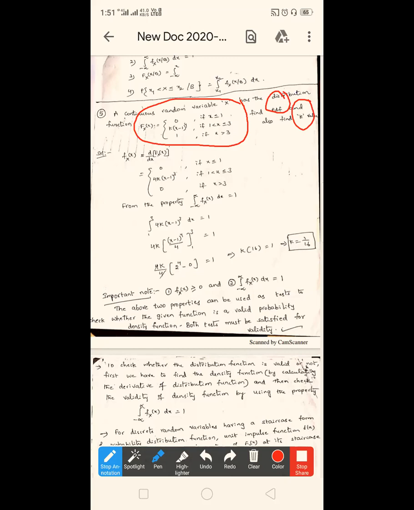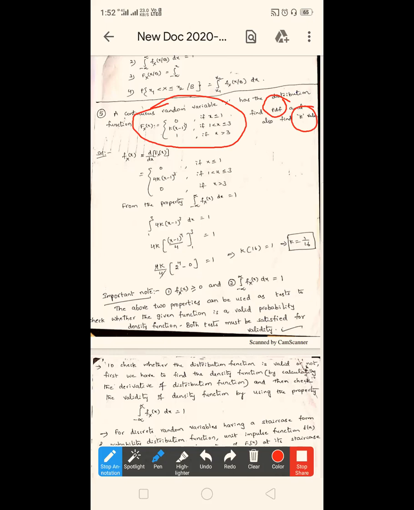The cumulative distribution function is given for you and you have to find the probability density function and then find the value of k.